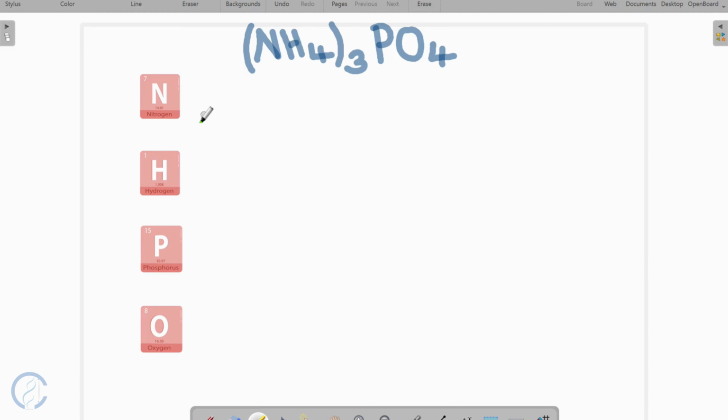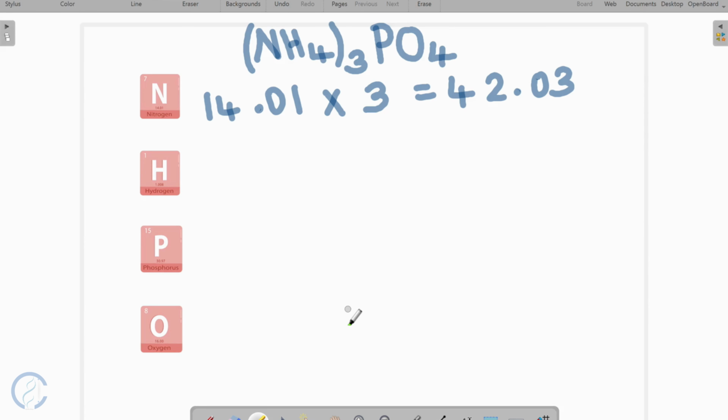So let's begin. The relative atomic mass of 1 nitrogen is 14.01 multiplied by 3 to account for the 3 atoms of nitrogen. I get 42.03. The relative atomic mass of hydrogen is 1.008 multiplied by 12 to account for the 12 atoms of hydrogen.